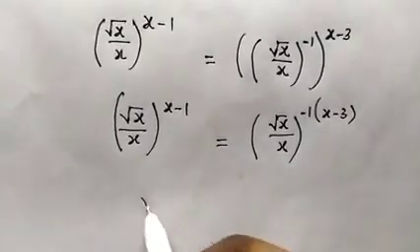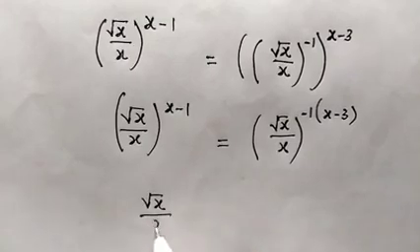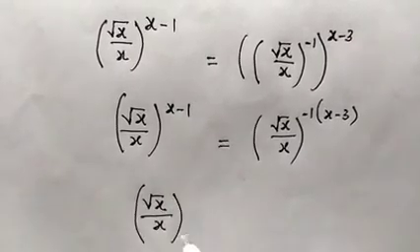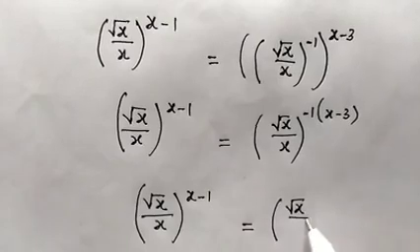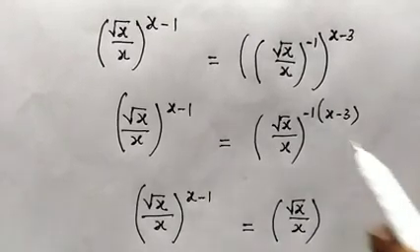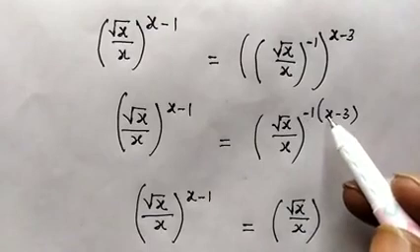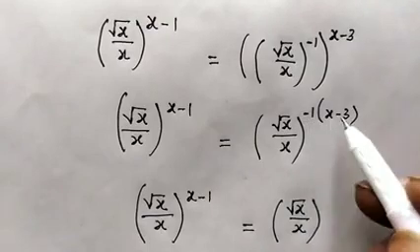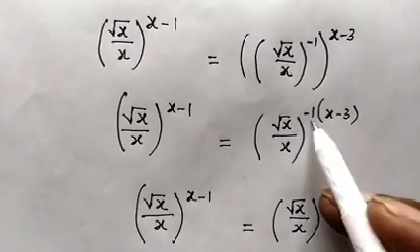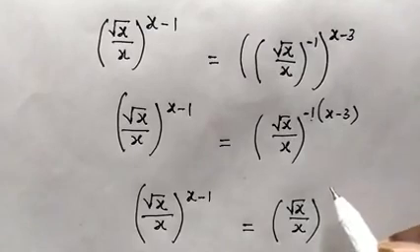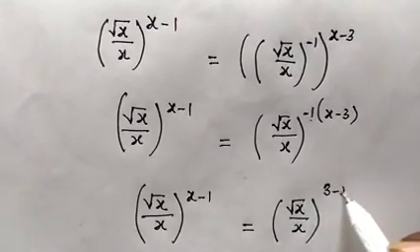Negative 1 times x is negative x, negative 1 times negative 3 is positive 3. So this is same as 3 minus x.